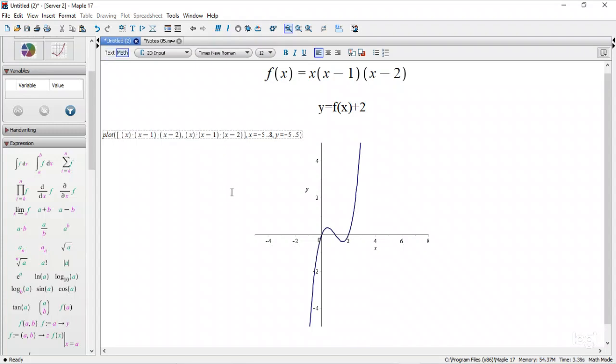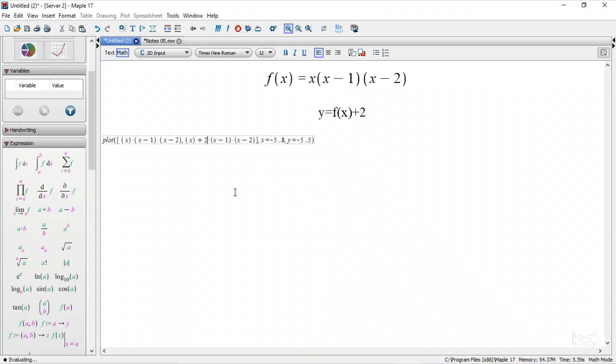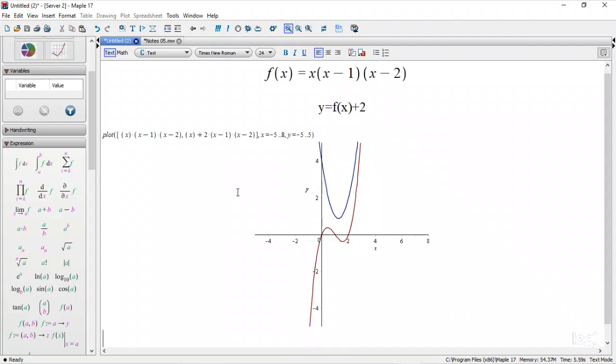So let's see that. I typed in the wrong place. It gave a different graph. Now you can see that the blue graph is the original graph, and the red graph is the shifted graph.